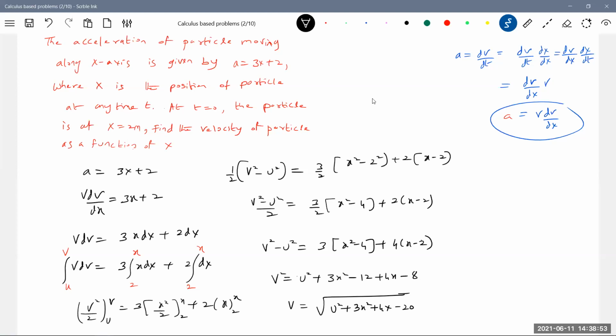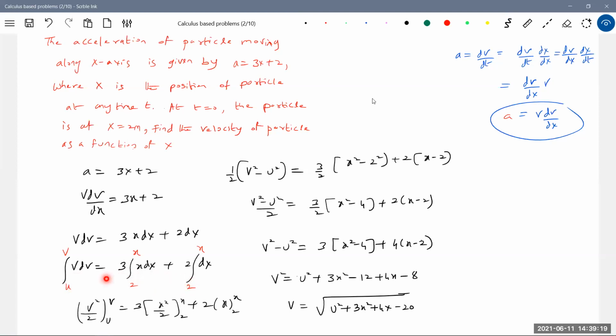Find the velocity of the particle as a function of x is asked. This will be, if initial velocity is given 0, put u as 0. If at t equals 0 the particle is at origin and at rest, then what will be the limit? Limit will be x equals 0.